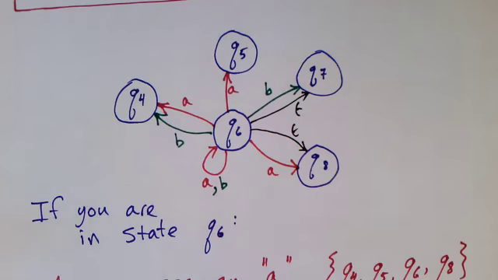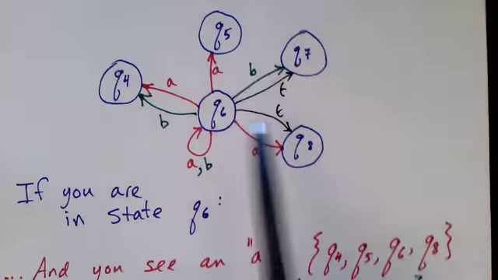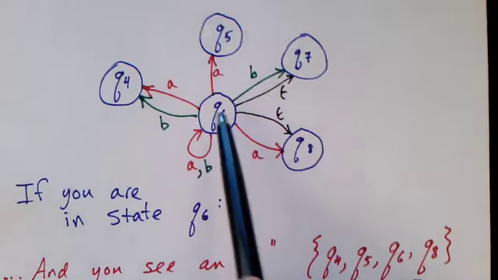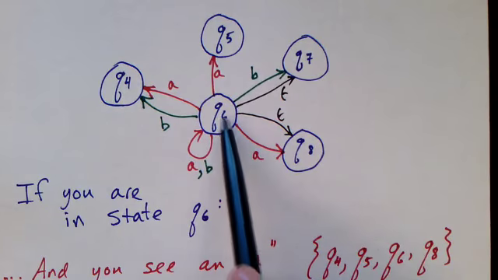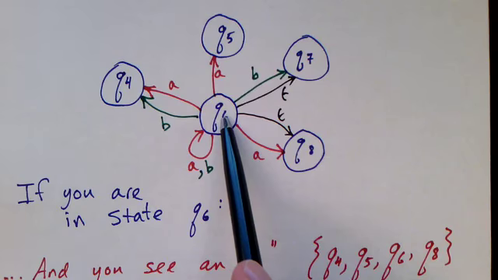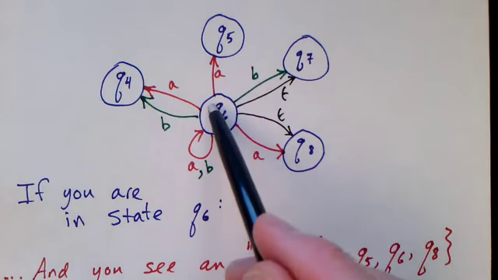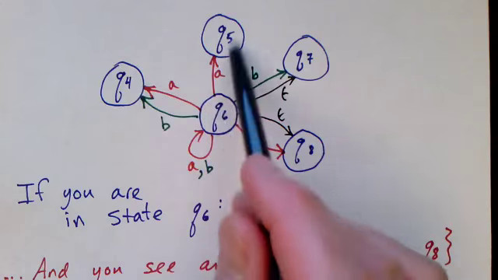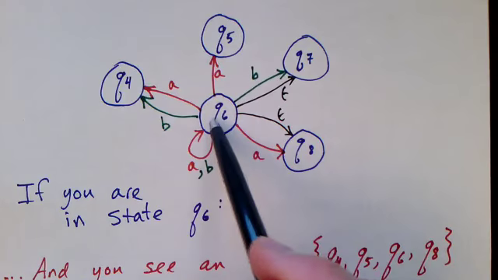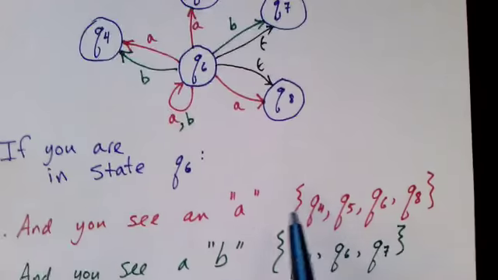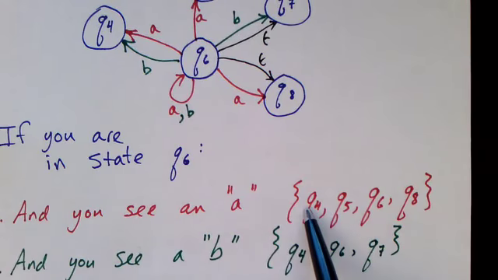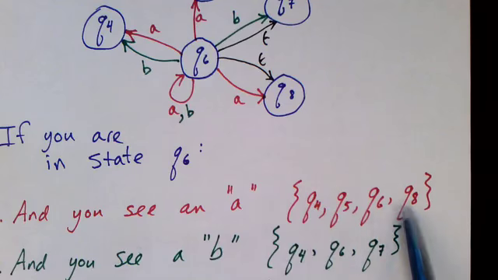And why do we need the power set anyway? Well, here's a fragment of a non-deterministic machine. If we're in state Q6 and we get an A, for example, where do we go? Well, we could go to 4, or we could go to 5, we could stay in 6, or go to 8. So that's a set. So if we see an A, we go to state Q4, Q5, Q6, or possibly Q8.